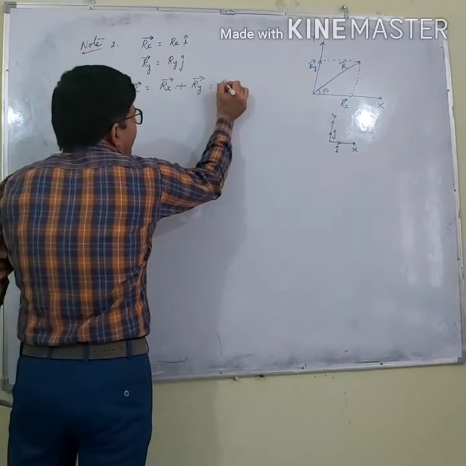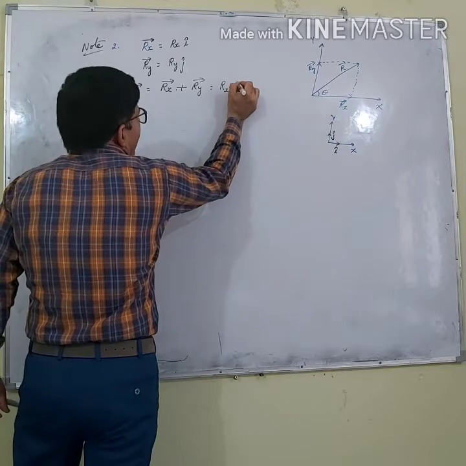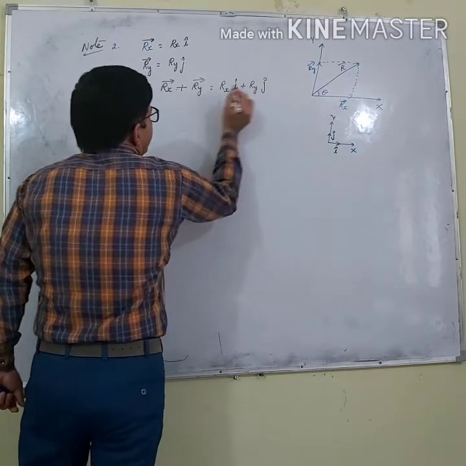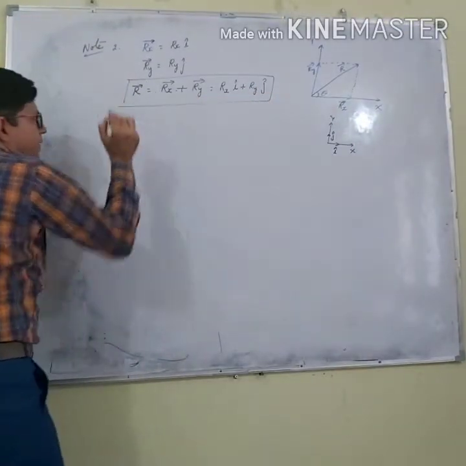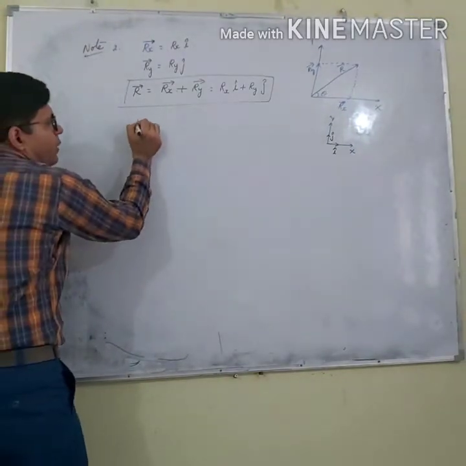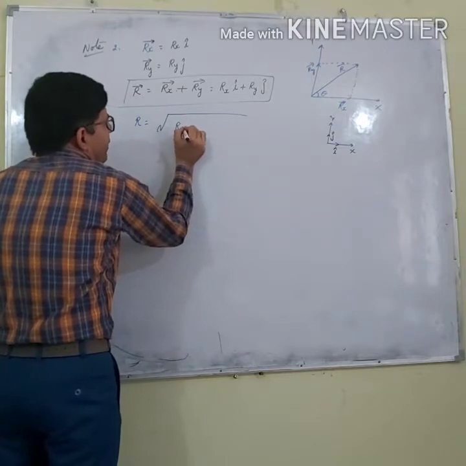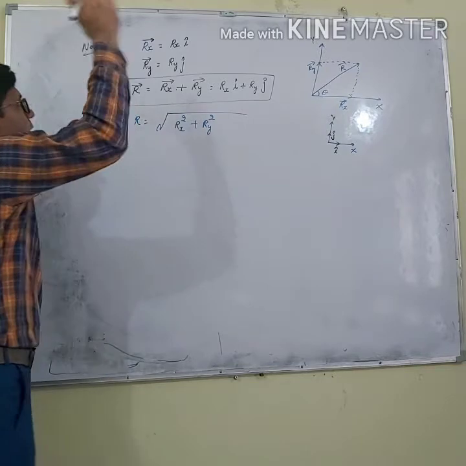So I can write it as Rx i cap plus Ry j cap. So remember this, right? And what will be the magnitude again? Magnitude will be under root Rx square plus Ry square.